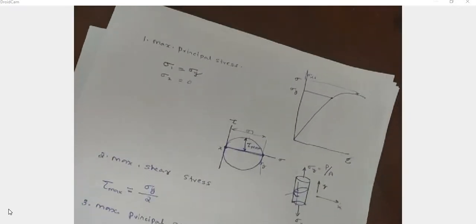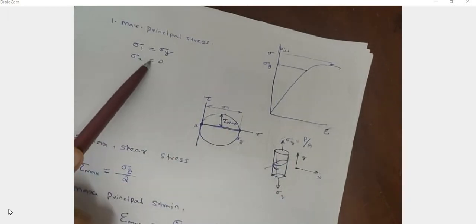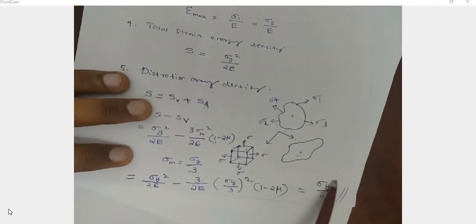So here we studied 5 conditions. When a body is subjected to uniaxial loading, there is a principal stress, a maximum shear stress, a maximum strain or principal strain, then the total strain energy stored is this much, and the total distortion energy developed is this much.